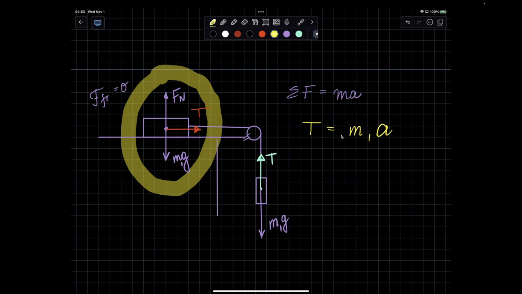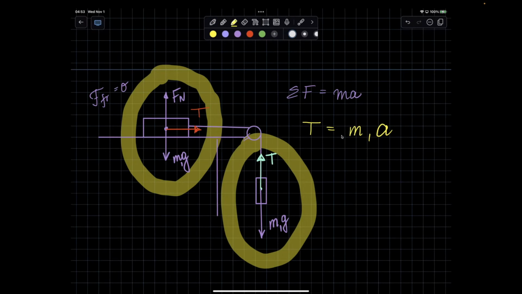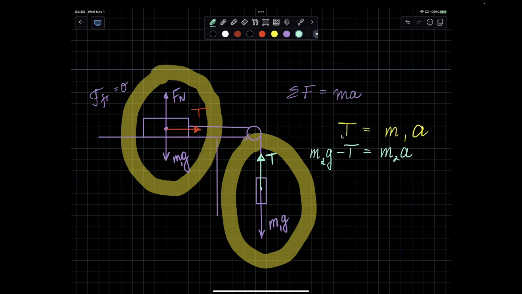Then I'm going to look at my hanging object, which is right here. For the hanging object, I have minus tension equals mass times acceleration. I can take my tension and my negative tension and cancel them by adding these two equations together. M2G equals acceleration times M1 plus M2.